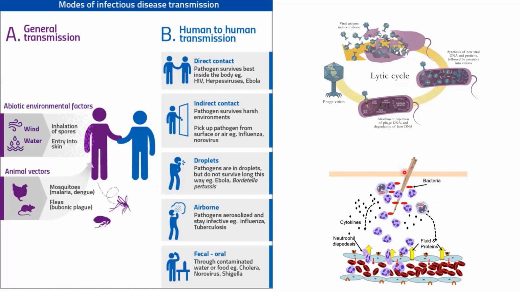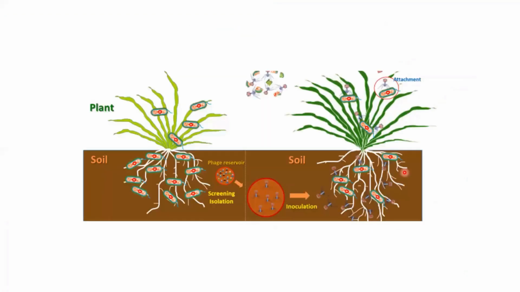Is there any question up till now? No. Okay. So basically, if we talk about plants, how plants can get infections inside them, there are basically two modes. One is through soil contamination. The soil may be contaminated with bacteria or virus or fungi, any kind of pathogen.